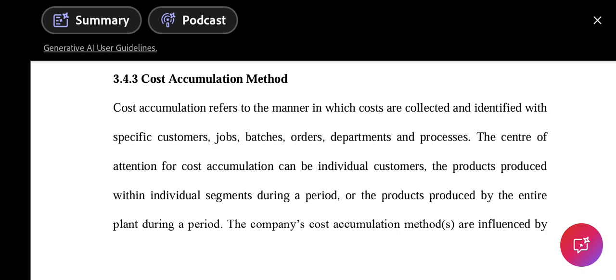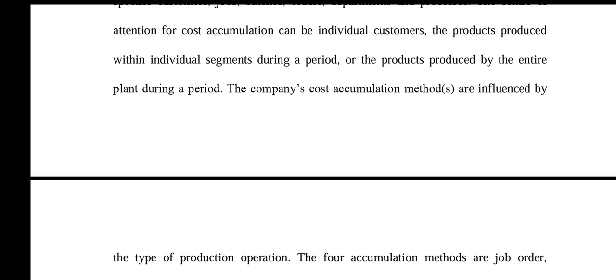All these jobs are collected together. They are costs that are collected and identified together. So that's why they call it cost accumulation method. This is what cost accumulation is all about.